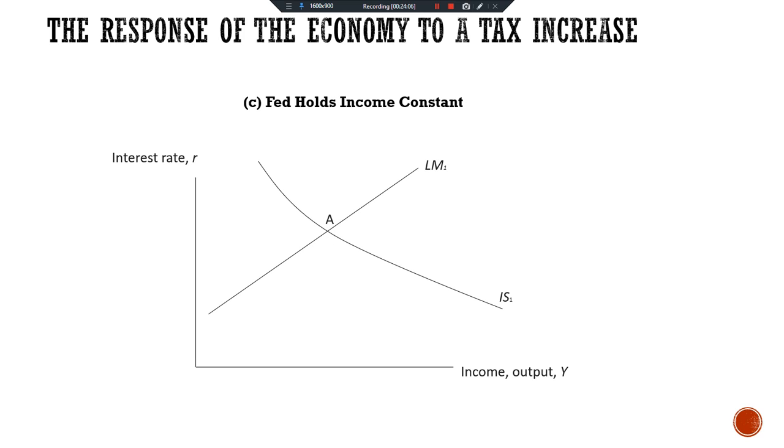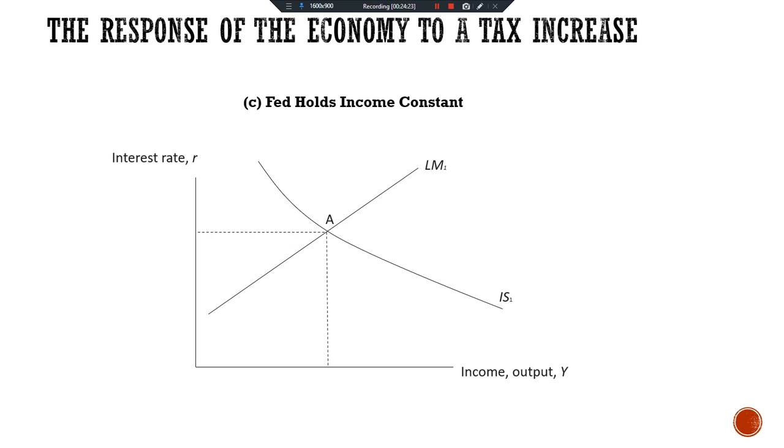We know that the intersection of the IS and LM curves decides the equilibrium of the economy, and at this point we have this level of income and this level of interest rate.